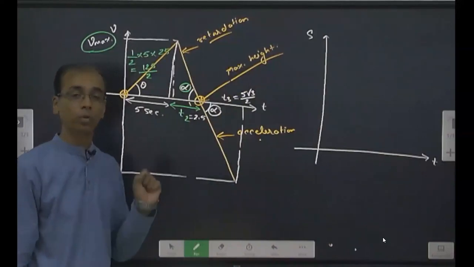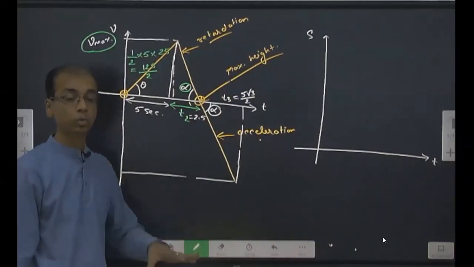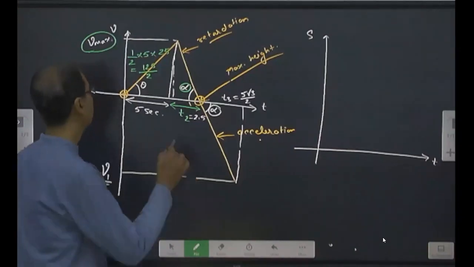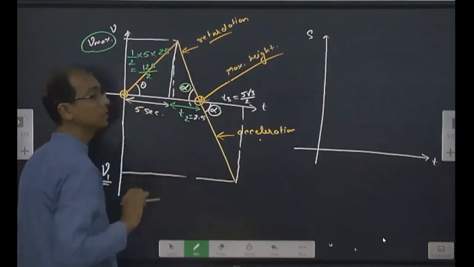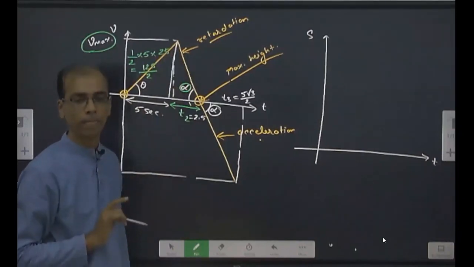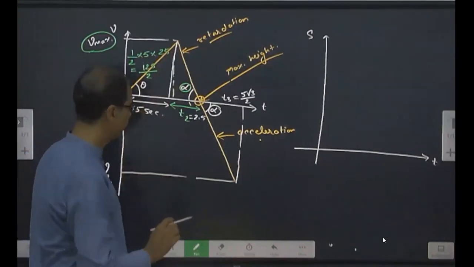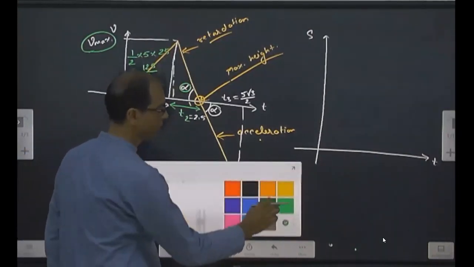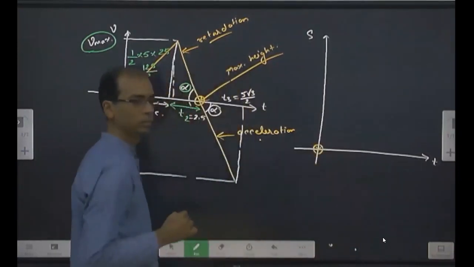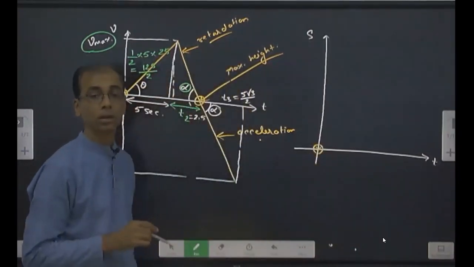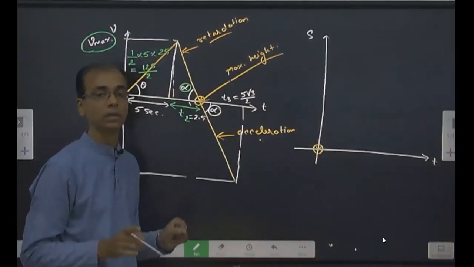We already studied graphs. Now we have to again use what we learned. So see, first is this motion. What motion is this? This is accelerated motion, starting from 0. So here also it will start from 0. Now you are making the displacement graph with t.